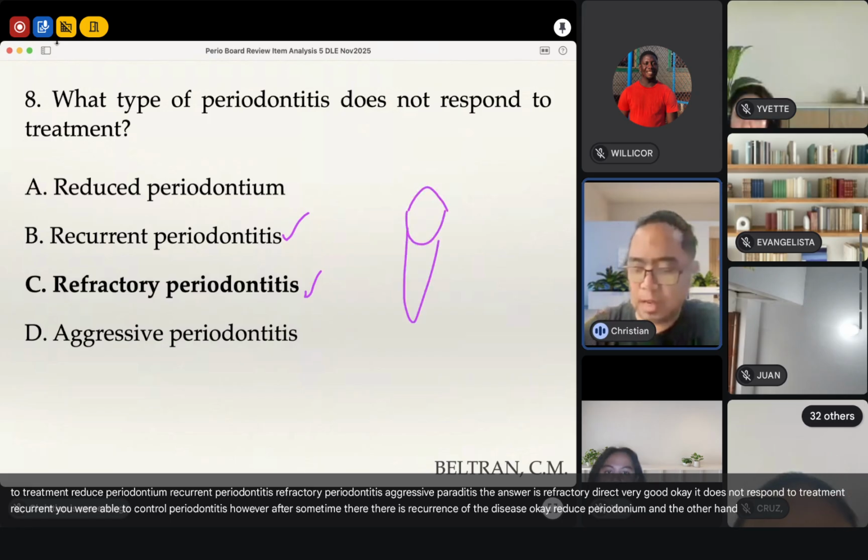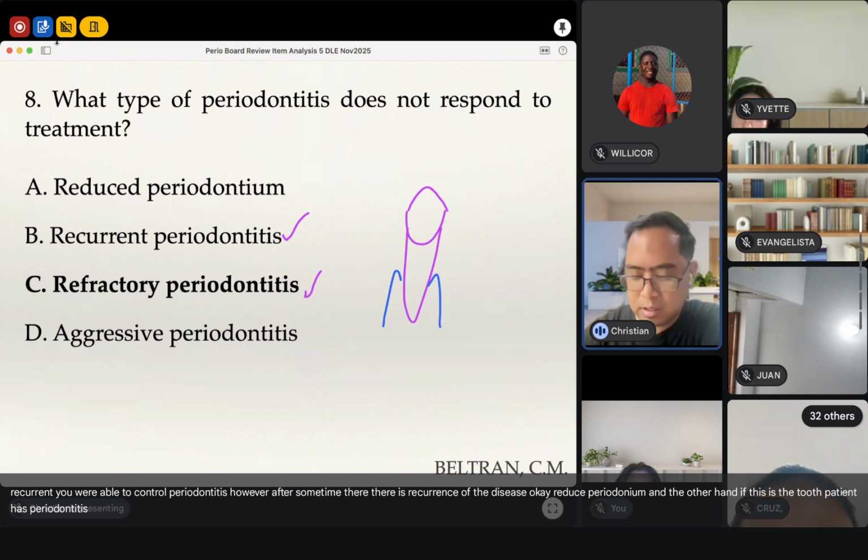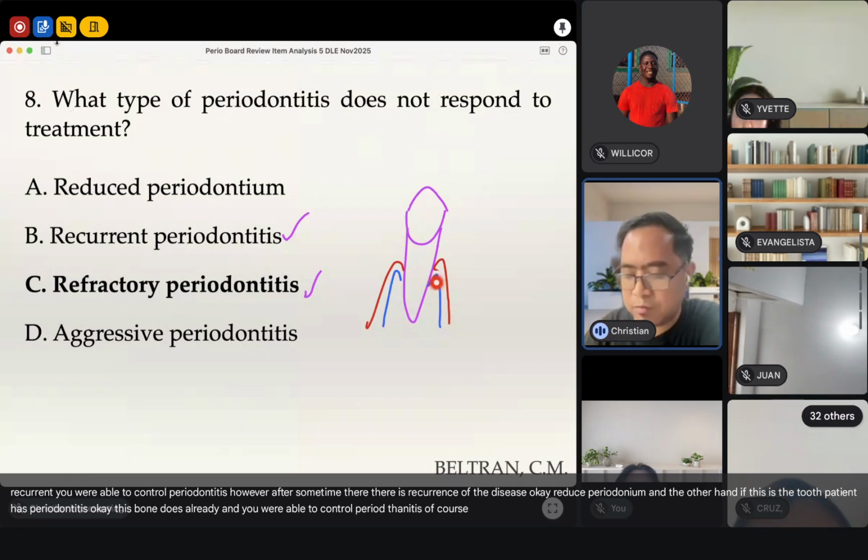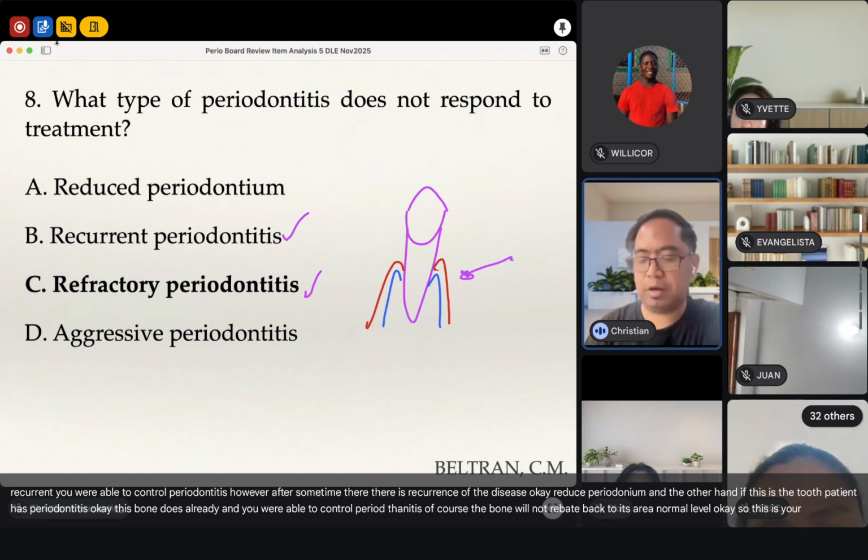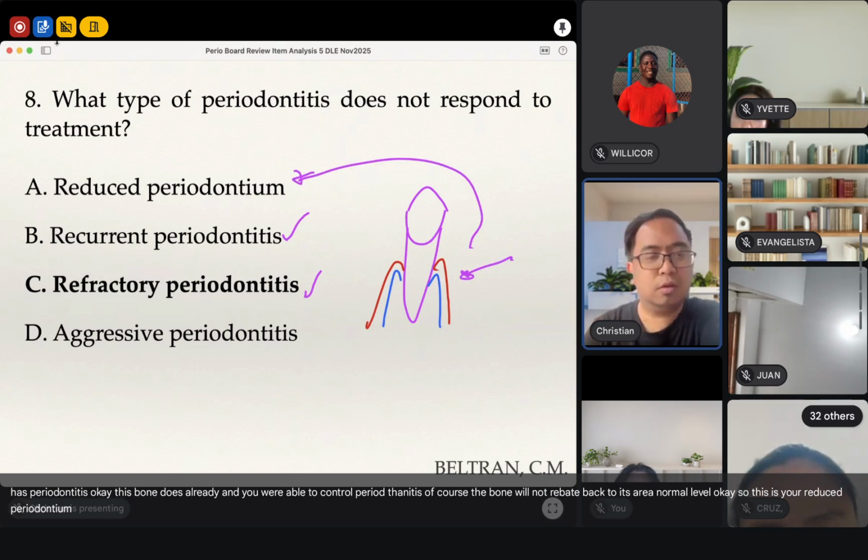Reduced periodontium, on the other hand, if this is the tooth, the patient has periodontitis, there's bone loss already, and you were able to control periodontitis. Of course, the bone will not revert back to its normal level. So this is your reduced periodontium.